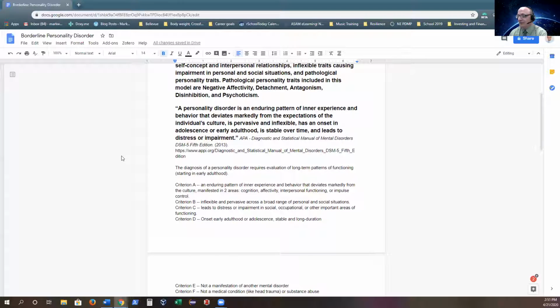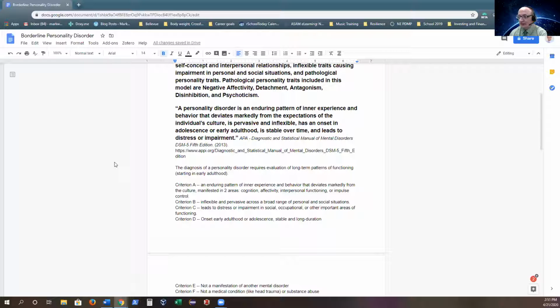Okay, a personality disorder, this is all the personality disorders, is an enduring pattern of inner experience and behavior that deviates markedly from the expectations of the individual's culture, is pervasive and inflexible, meaning it happens no matter what environment, at home, at school, at work, at church, has an onset in adolescence or early adulthood.